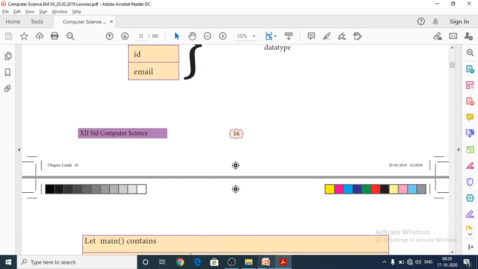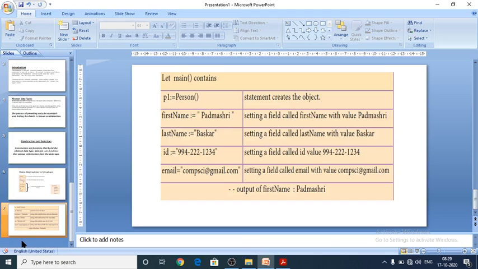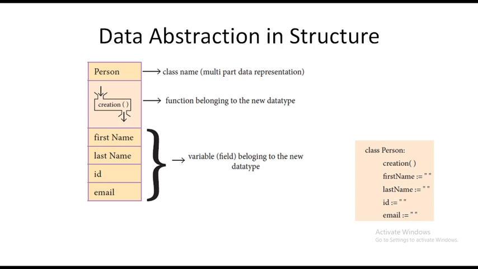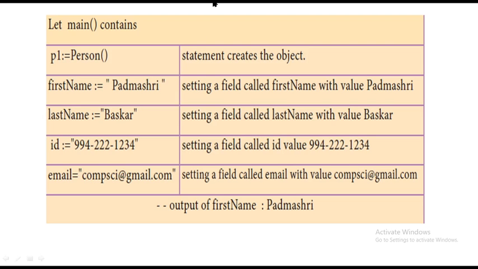Next one, see here, the main contents. The main function starts here itself. P1 is the object of class person. For the class person, we have to create an object called P1. First name is Padmasri, last name is Bhaskar, ID is their phone number, and email is their email address. For handling multi-part data items of different data types, we have to create a class.